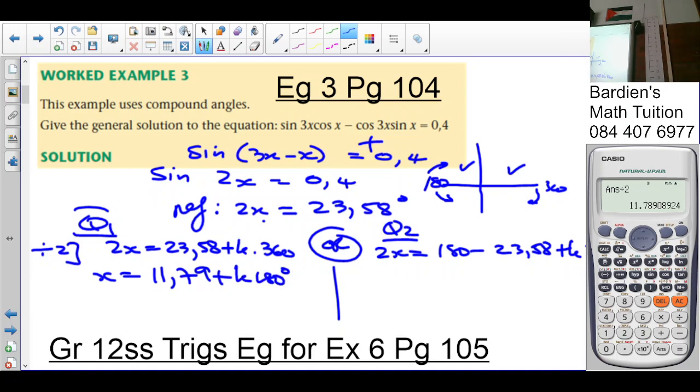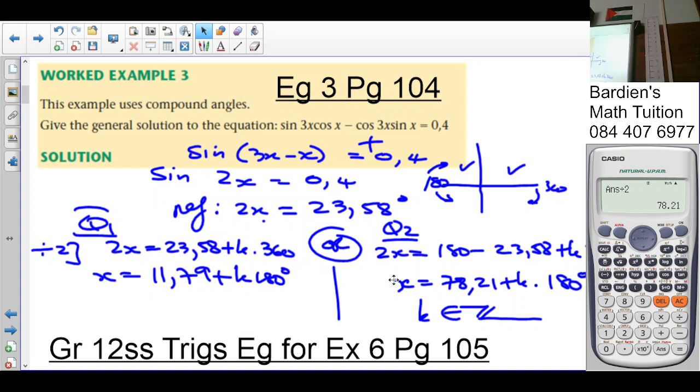Okay, on the other side we've got 180 minus 23,58, which is 156,42. That answer must be divided by 2. It gives me 78,21 plus k times 180 degrees, where k is an element of the integers.